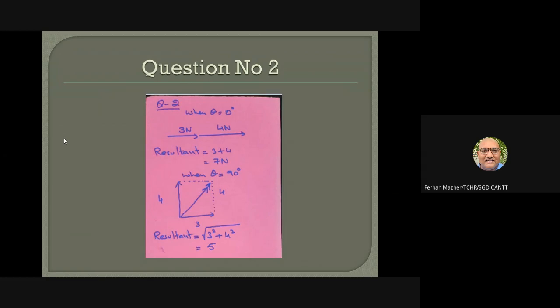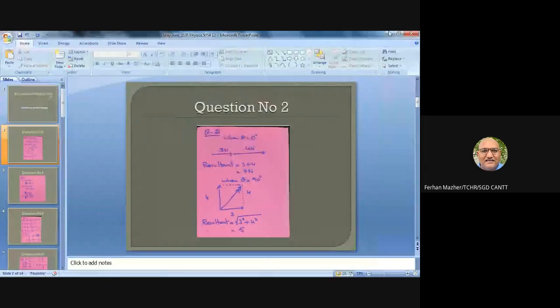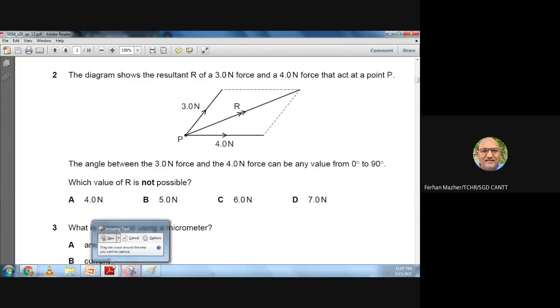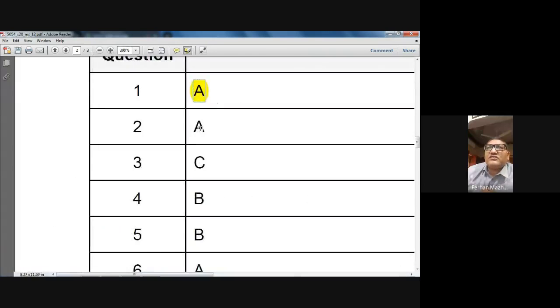So the possible answers are from 5 to 7. Any answer which is out of this range is not possible. 5 is in the range, 6 is in the range, 7 is in the range, 4 is not in the range. So A is the option.